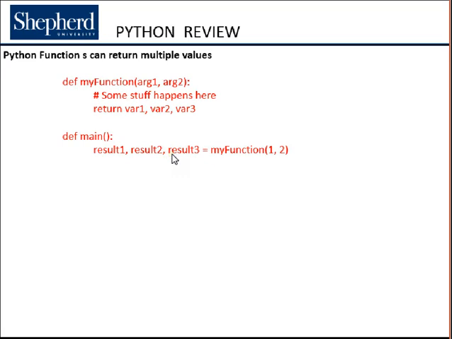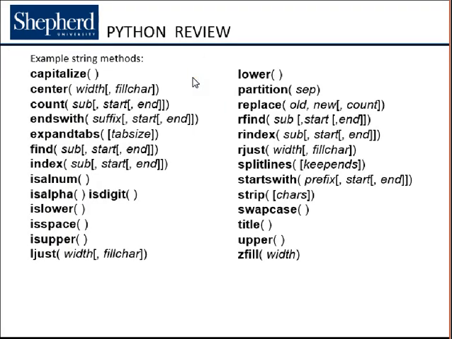And as we just saw, Python can return multiple values if you want it to. Strings are another type of variable in addition to integers and floating point numbers. Strings are also widely used, and Python has a wide set of string functions that we can use.